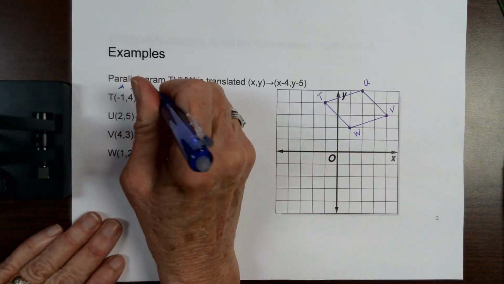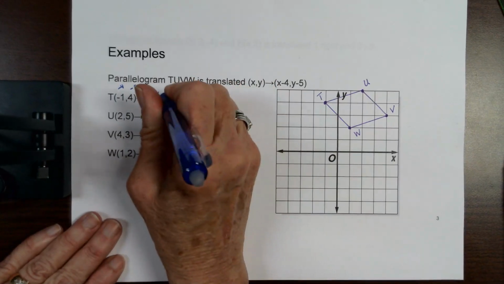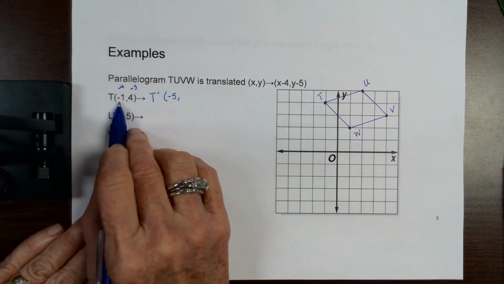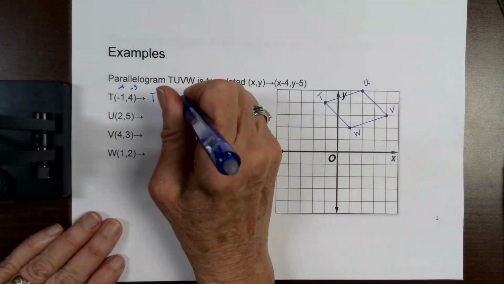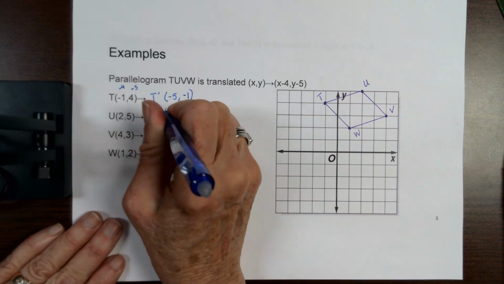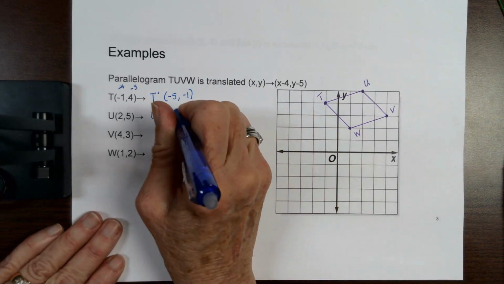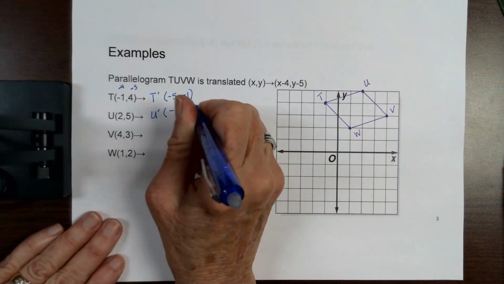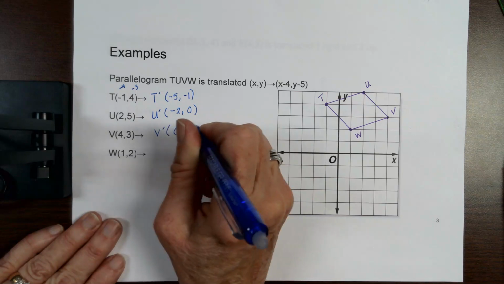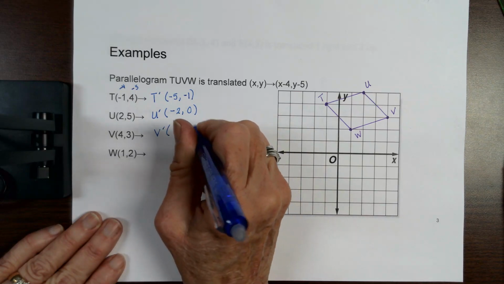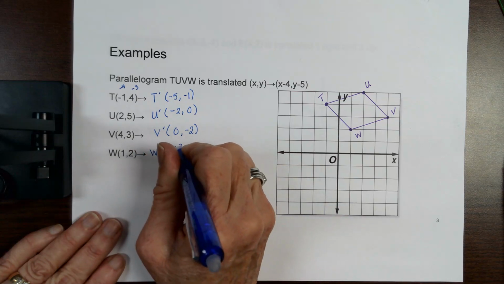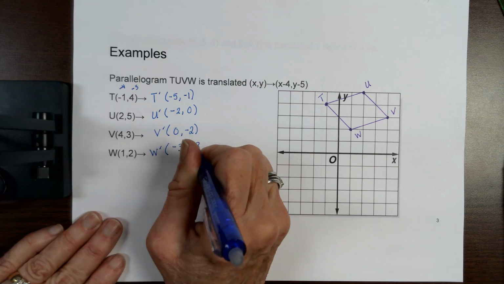So t prime is going to give me a -5, okay, because I'm adding -4 to -1, -1. U prime, I'm going to get a -2, 0. V prime, I'm going to get a 0, -2. And W prime, I'm going to get a -3, -3.